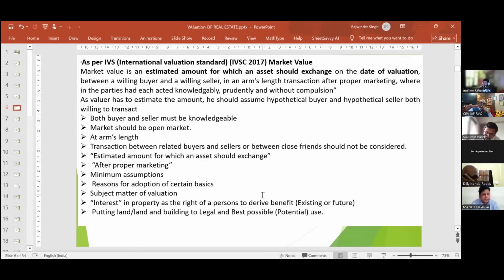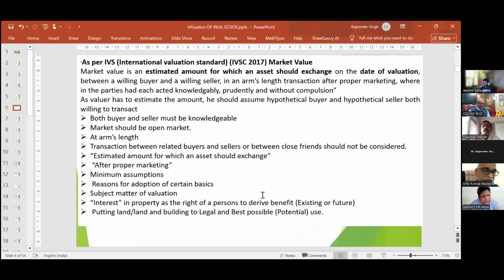The problem is that now we come to the plinth area rate. When you are calculating the cost of construction, you will be using the plinth area rate. Now, what rate will you be using? In the market, for different specifications, different rates are there.